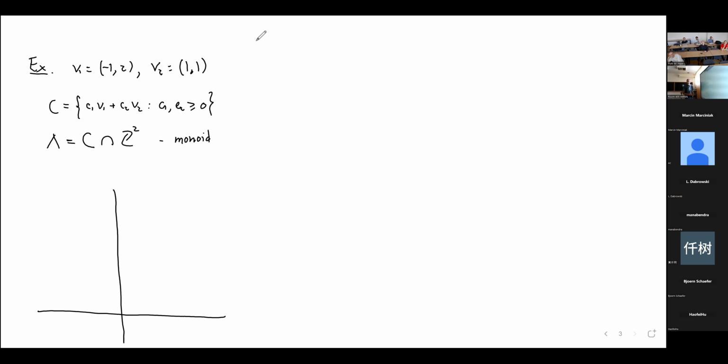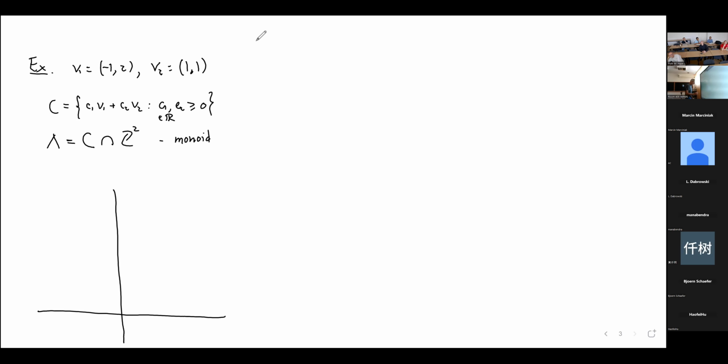And c1, c2 are what, integers? No, real numbers. Okay. So we have a certain cone in the plane, and we intersect that cone with the integer lattice. Countable one.